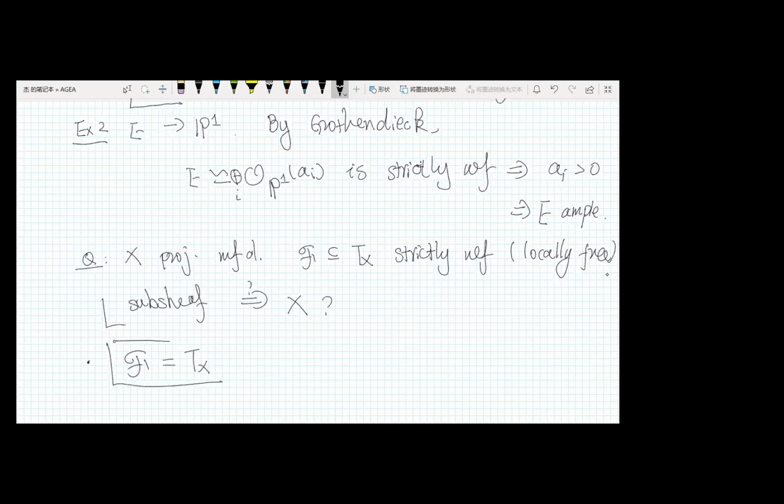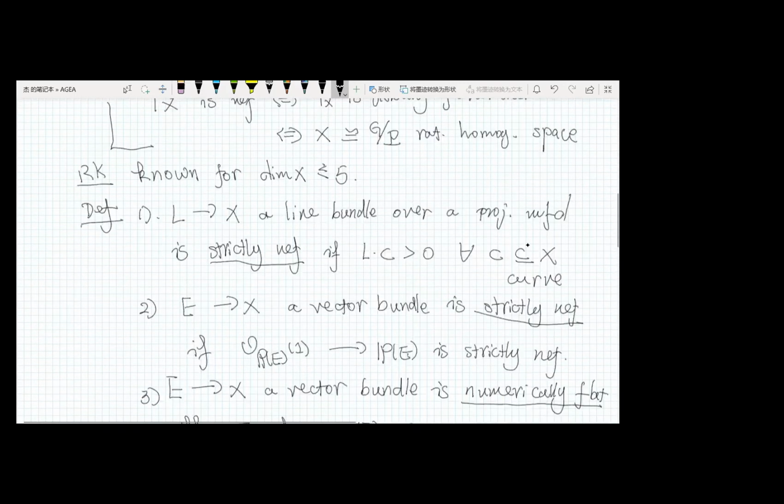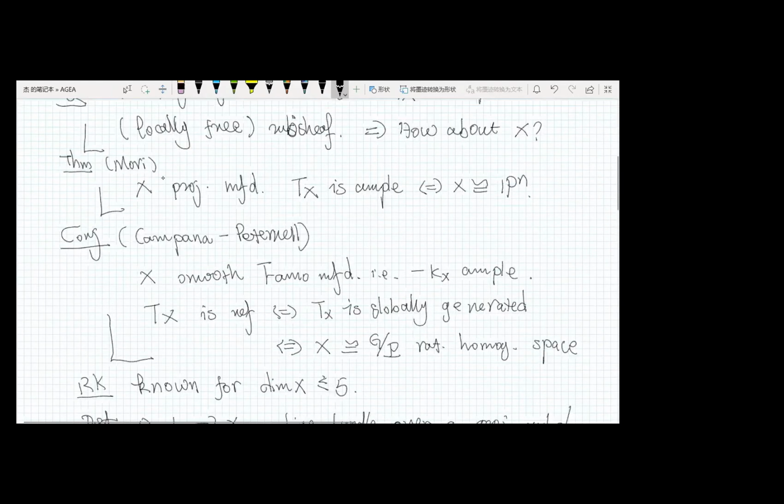We can compare it with the theory of Mori. In Mori's theory, we prove that the tangent bundle is ample if and only if X is a projective space. And for the conjecture of Campana and Peternell, it is conjectured that a Fano manifold with nef tangent bundle, then the tangent bundle is globally generated and X is a rational homogeneous space.